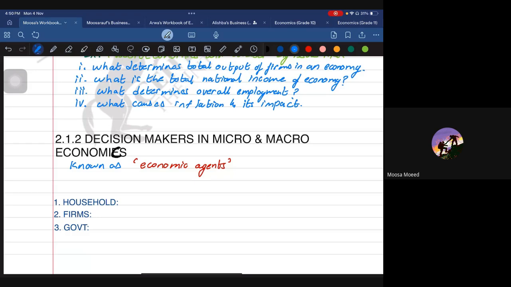So the decision makers in micro and macroeconomics are known as economic agents. Economic agents are the consumers, the firms, savers, workers, and government. All of these are economic agents.